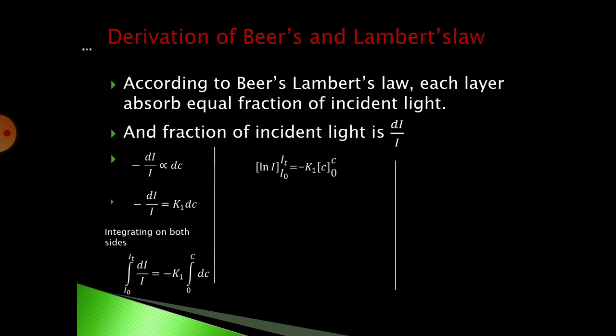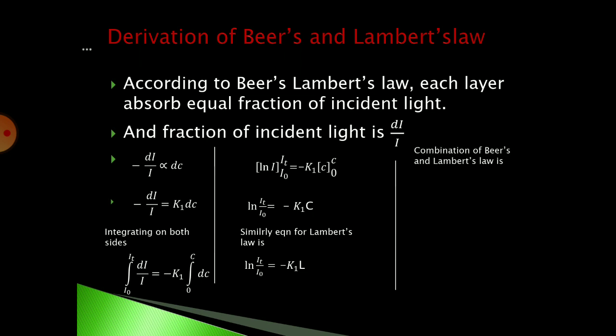On solving this integration, we get ln of I ranging from I0 to IT is equal to minus K1 C ranging from 0 to C. So the equation becomes ln of IT by I0 is equal to minus K1 C. Similarly, we can derive Lambert's law, which becomes ln of IT by I0 is equal to minus K1 L. Combining these two individual equations, we get Beer's-Lambert's law, and it becomes ln of IT by I0 is equal to minus K1 CL.